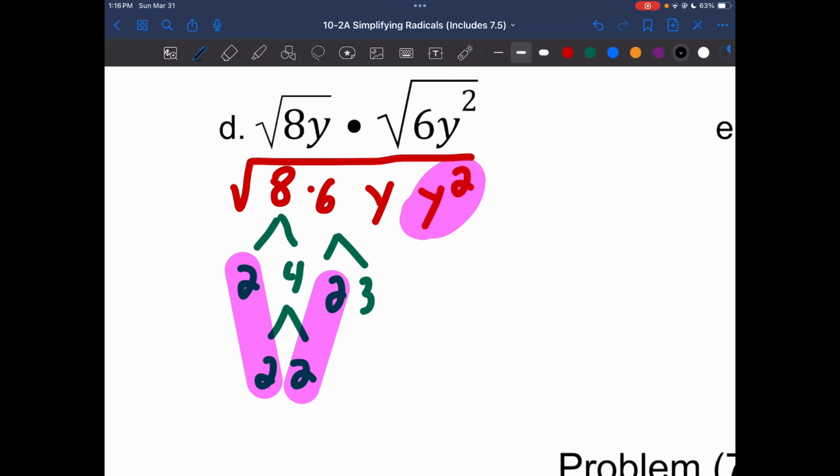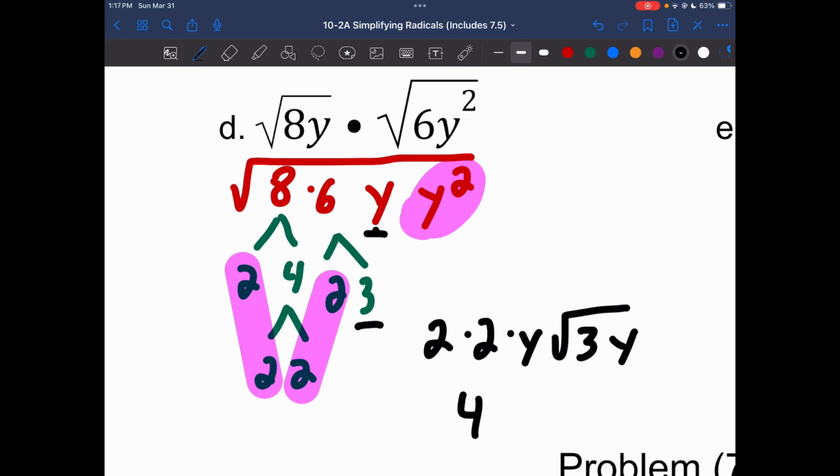So we bring out a 2, a 2, a y, and we have our radical, and we have a 3 that was unpaired, and a y that was unpaired. So 2 times 2 is 4y, and we have the square root of 3y.